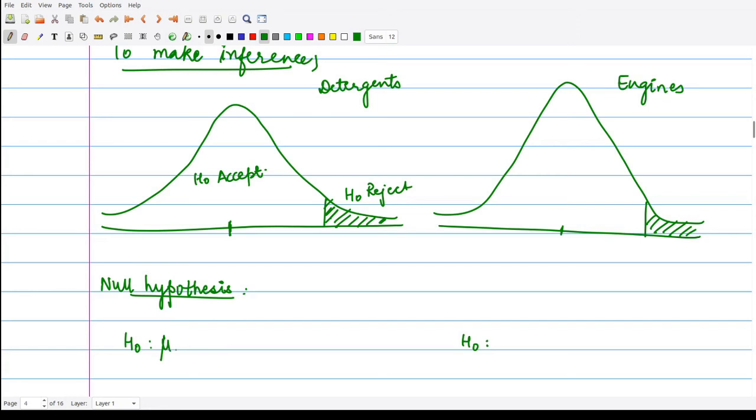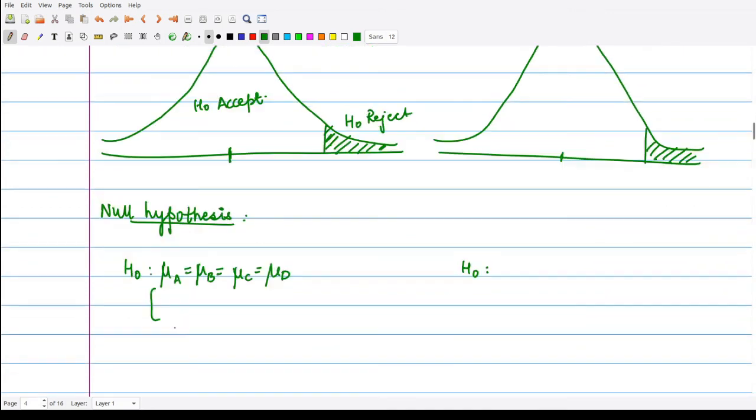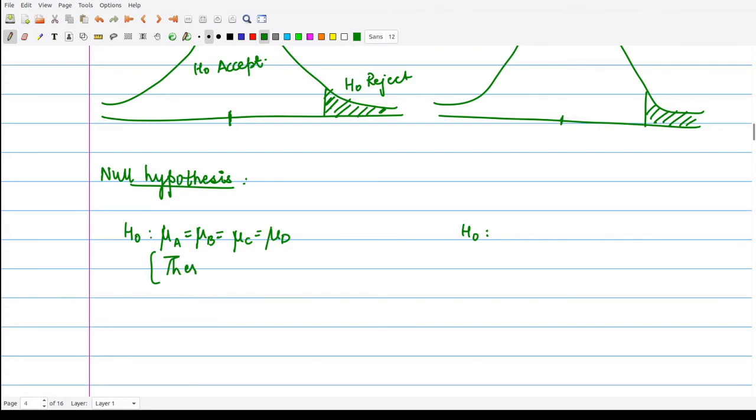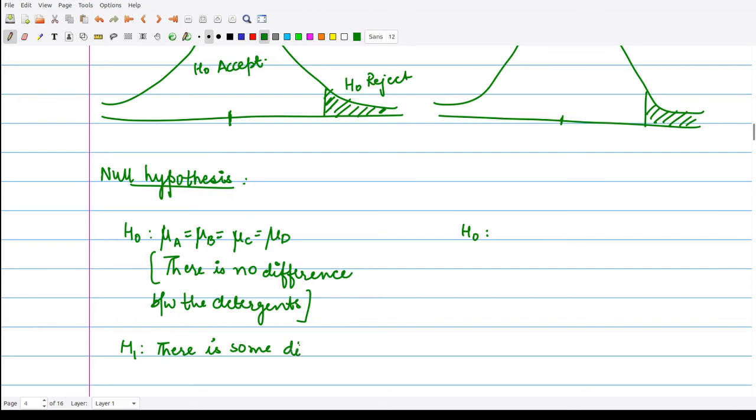So we will say mu A is equal to mu B is equal to mu C is equal to mu D. That means we will say there is no difference between the detergents. So this is your null hypothesis. What is your alternative hypothesis? There is some difference between the detergents.